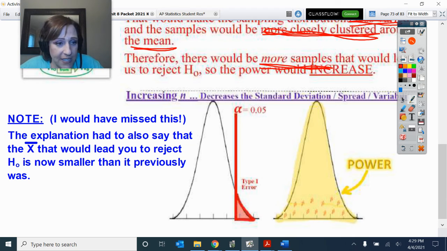But the picture and the reason is because they required in the explanation that it makes this number right here, this sample right here, that would lead you to reject the null hypothesis smaller than it previously was.